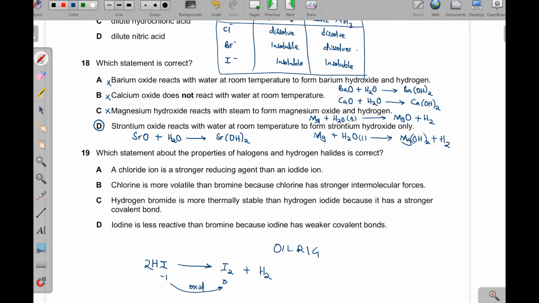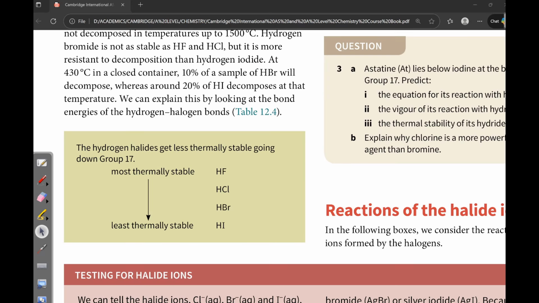So that means this is oxidation. Since this one is being oxidized, it is a reducing agent. So as you go down the group, like I showed you here, these ones become better, stronger reducing agents, and weaker oxidizing agents.